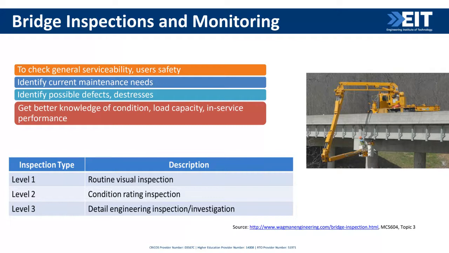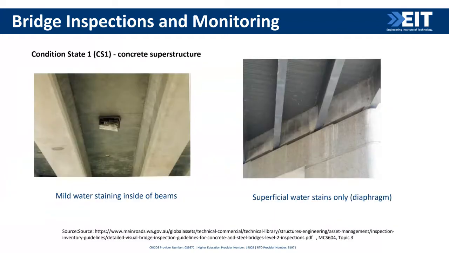We have level 1, just visual inspection. Level 2, when you can use some condition rating, and the detailing, engineer inspection and investigation. So in sequence, I'm just going to go briefly through the condition states.